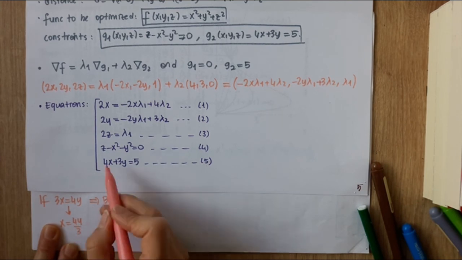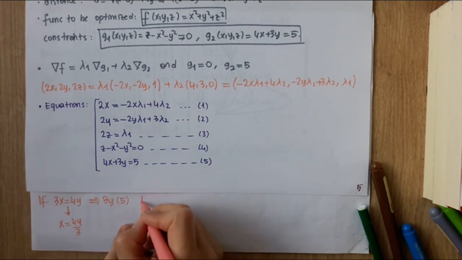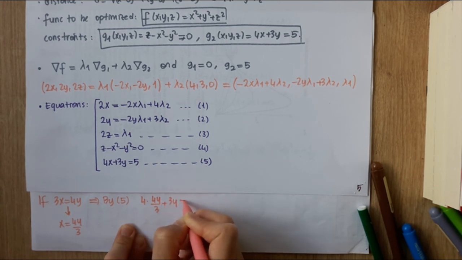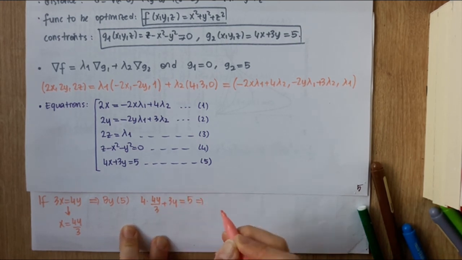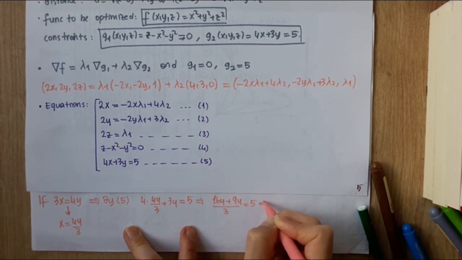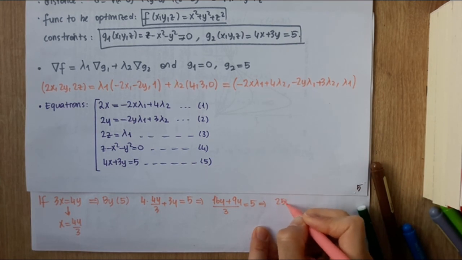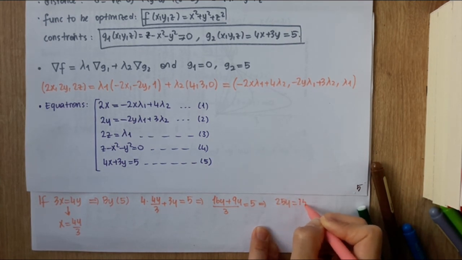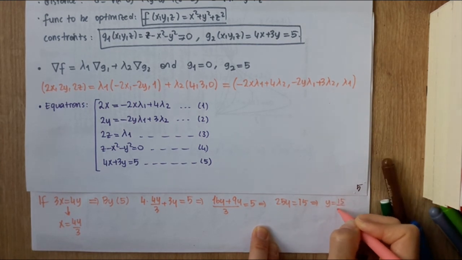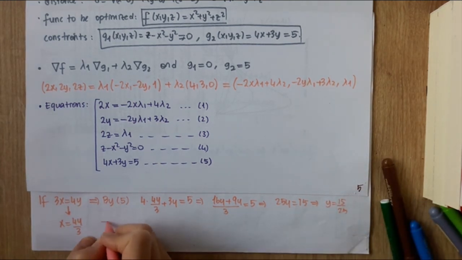I substitute 4y over 3 here: 4 times 4y over 3 plus 3y equals 5, which means I have 16y over 3 plus 3y equals 5. So 25y equals 15.